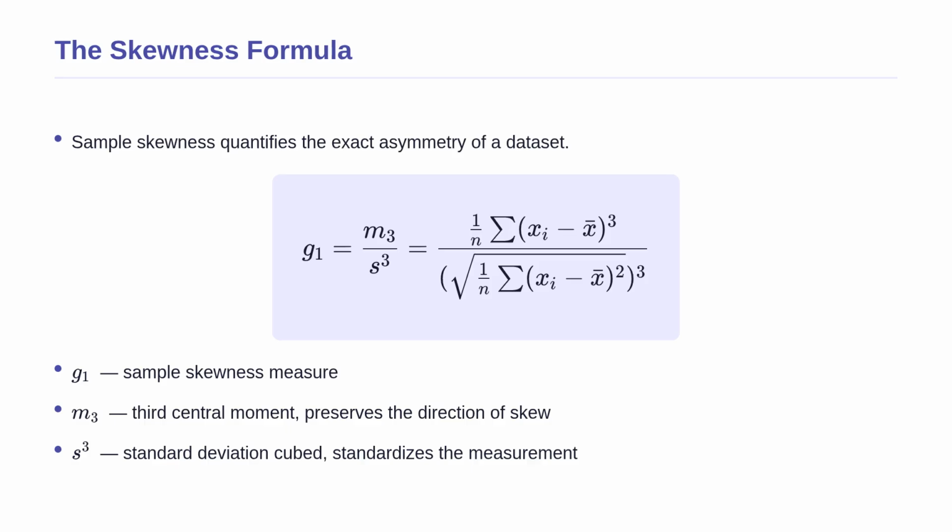Cubing is incredibly important here because it preserves the negative or positive sign of that distance, which tells us the direction the data leans. The denominator is the standard deviation cubed. We divide by this to standardize our measurement, allowing us to compare skewness across completely different biological datasets, regardless of whether we are measuring days, milligrams, or heartbeats. If the final value is greater than 0, the data is right-skewed.